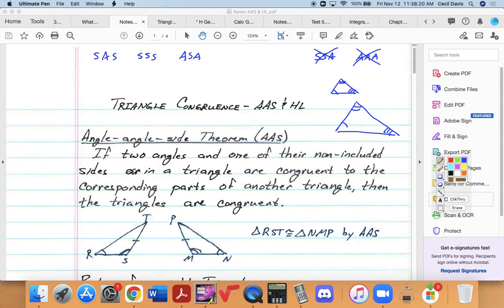Like imagine if you take a picture of something. Is the picture the same size as the original object? No. The angles are the same, but the sides are not, so they're not congruent. So that's why angle, angle, angle doesn't prove triangles congruent. It does prove that they're similar, though, and we'll talk about that next semester.